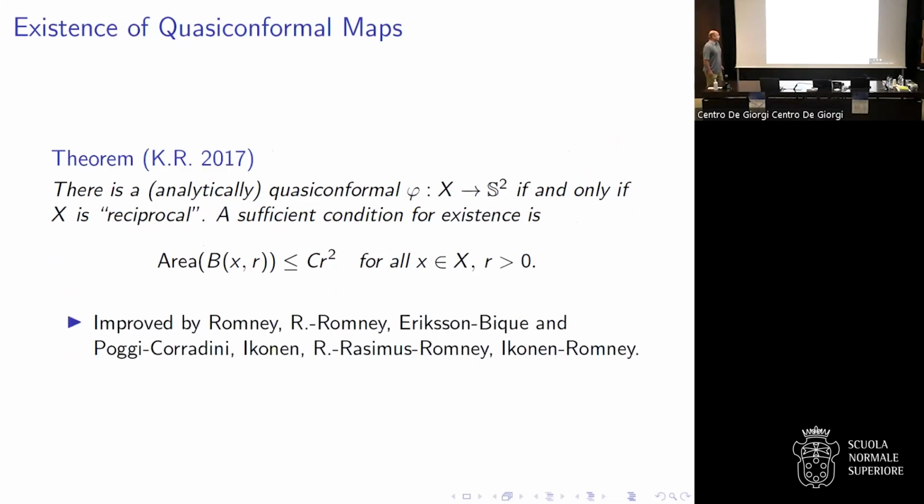Several aspects have been improved by several people, like for instance Sylvester Eriksson-Bique and Piotr Hajłasz. In particular, Matthew Romney proved that if there exists a quasi-conformal map, then there's always a pi/2 quasi-conformal map, which is the sharp constant shown by the L-infinity norm plane.